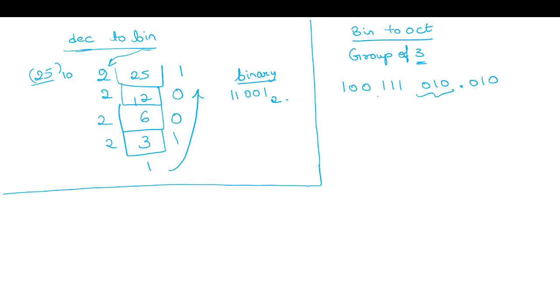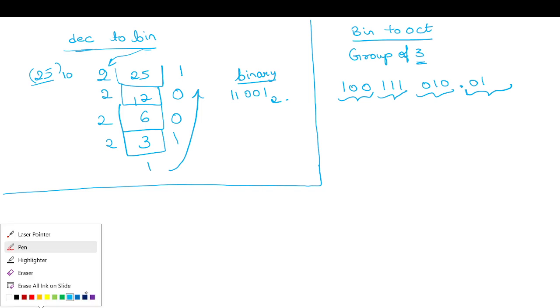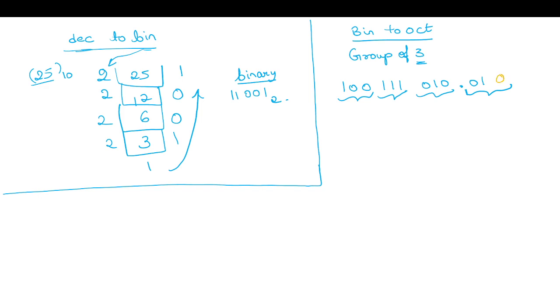Group of 3, group of 3, group of 3. And if this 0 is not there, we have to add this 0. So this is 4, 7, 2.2. This is the octal number.